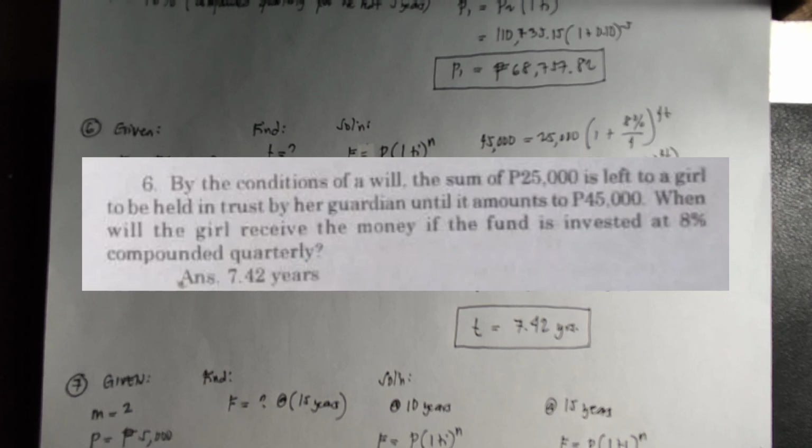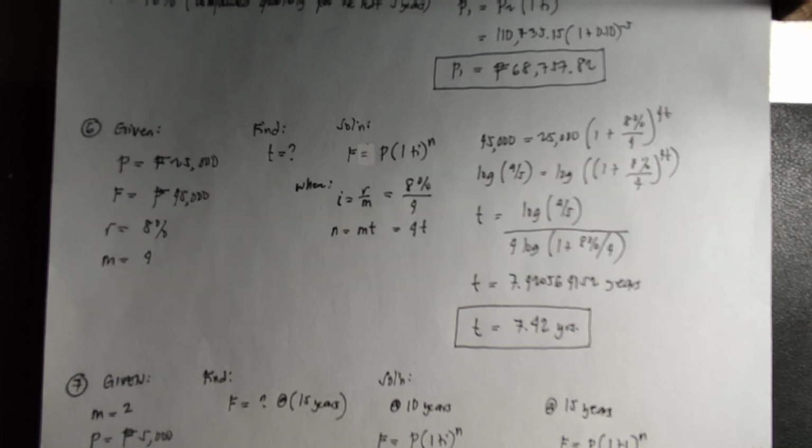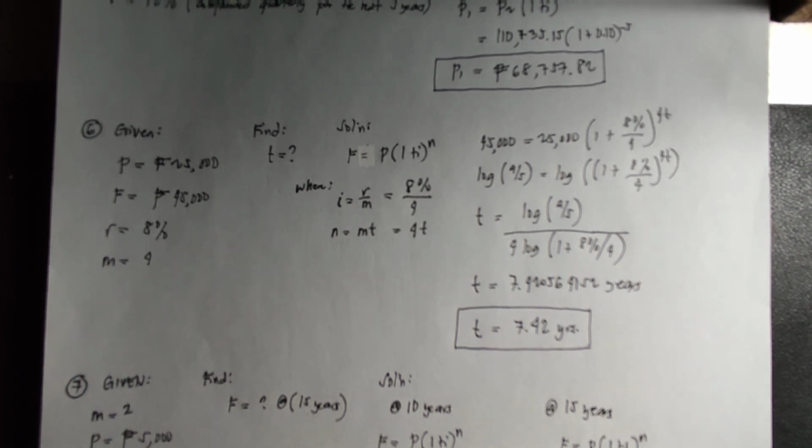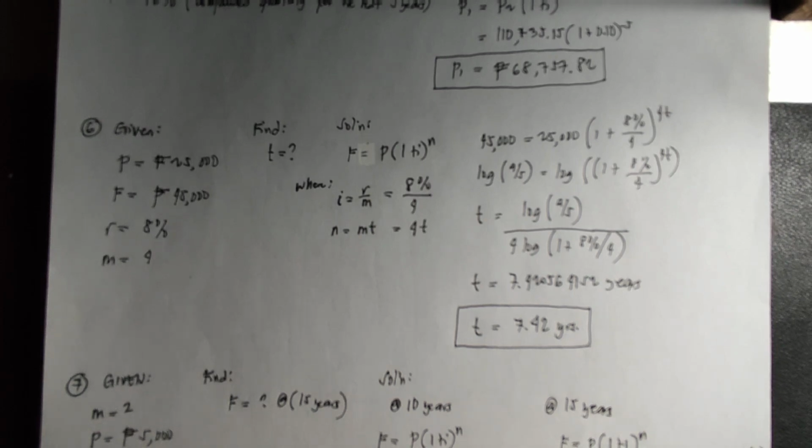When will the girl receive the money if the fund is invested at 8% compounded quarterly? So the given was a principal is equal to 25,000. The future amount is equal to 45,000. Then R is equal to 8%. Then m is equal to 4.